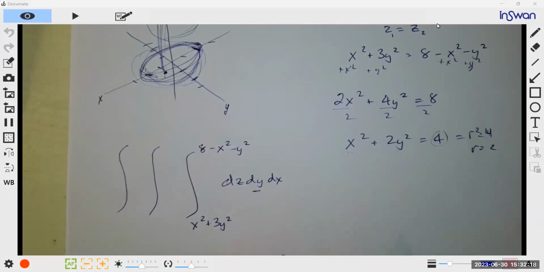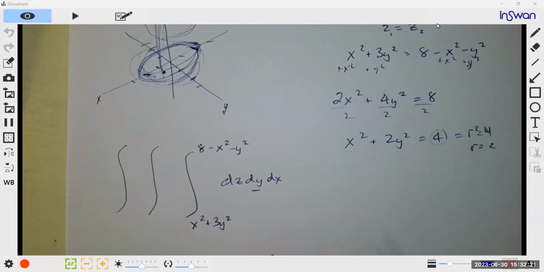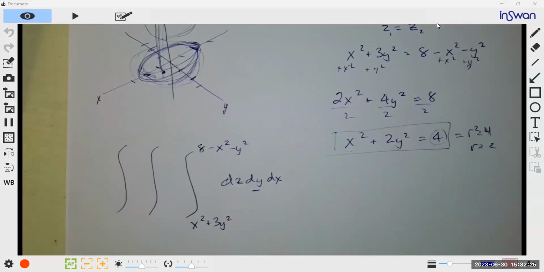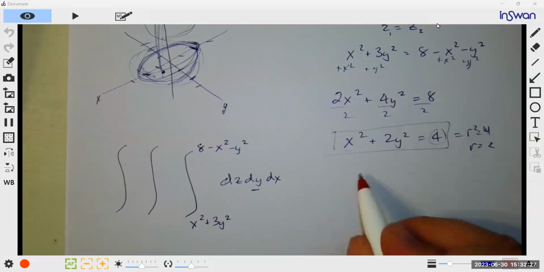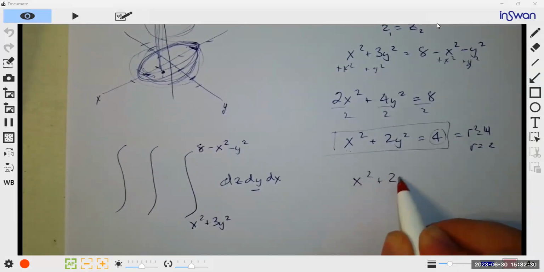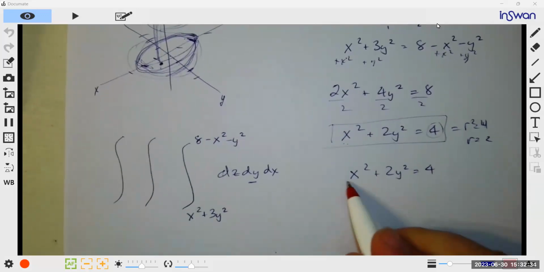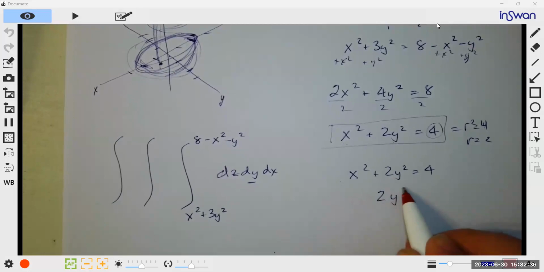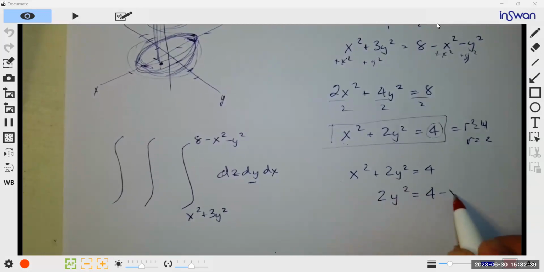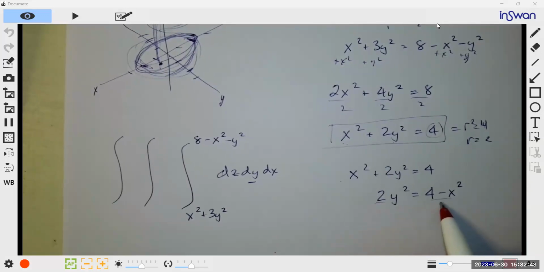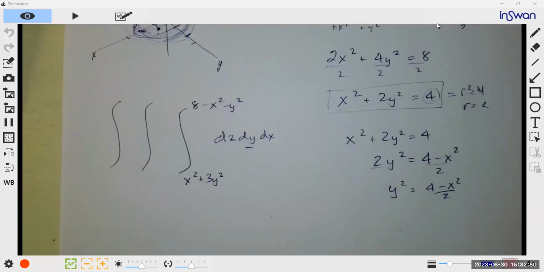Next, I have to look at the bounds with respect to y. We could use this one. So we have x squared plus 2y squared equals 4. Subtract x squared from both sides. Divide by 2. So y squared equals 4 minus x squared over 2.